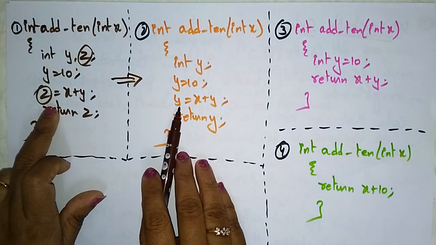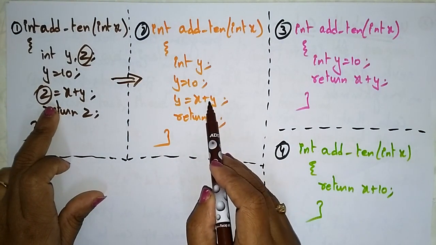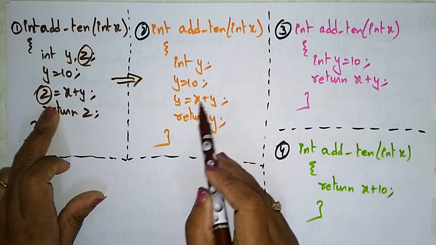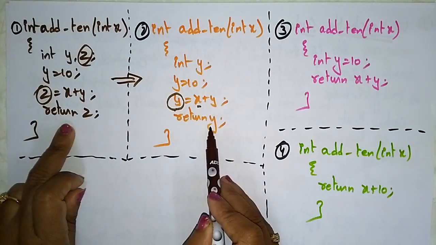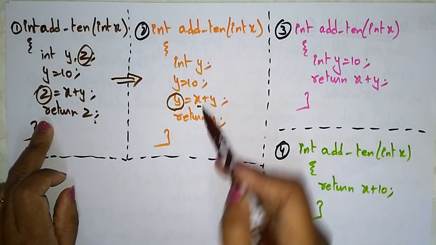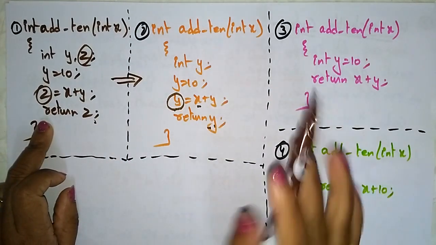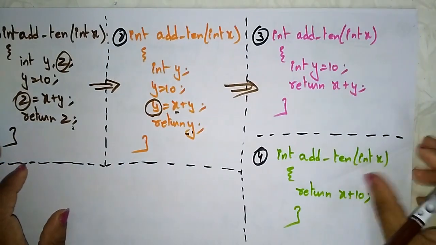I take y equal to x plus y. Whatever result is stored from x plus y will be handled by y. So I write return y instead of return z. Only two variables are sufficient, and again I reduce the instruction code.